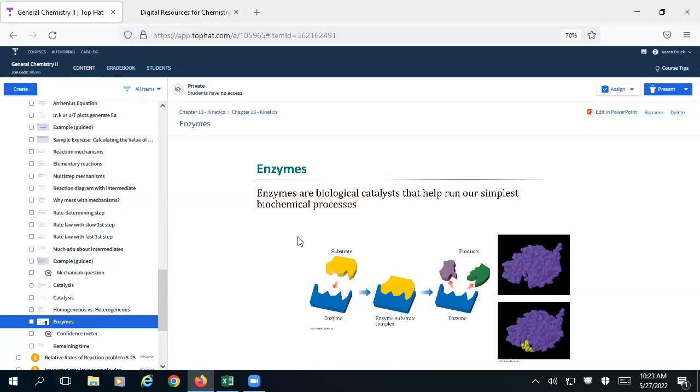They're not quite the same as what we think of as chemical catalysts, but their job is similar. They will help to make a reaction take place, and it'll happen at a lower activation energy than what it would take for those two things to come together on their own.